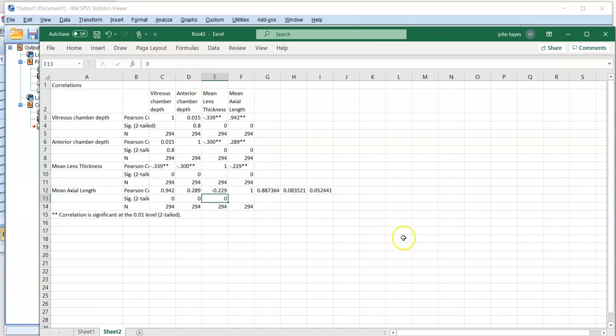So we see that 8% of the variance of mean axial length is accounted for by anterior chamber depth, and then 5% is shared there.